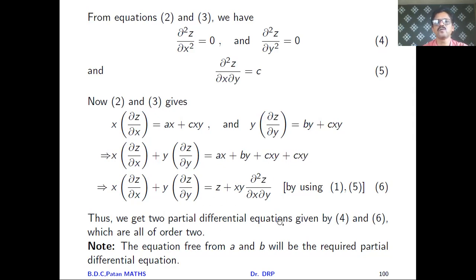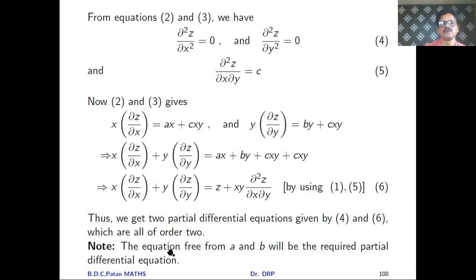Thus, we get partial differential equations given in 4 and 6, and this equation, which are all of order 2. So in all we have obtained three equations whose order is 2.